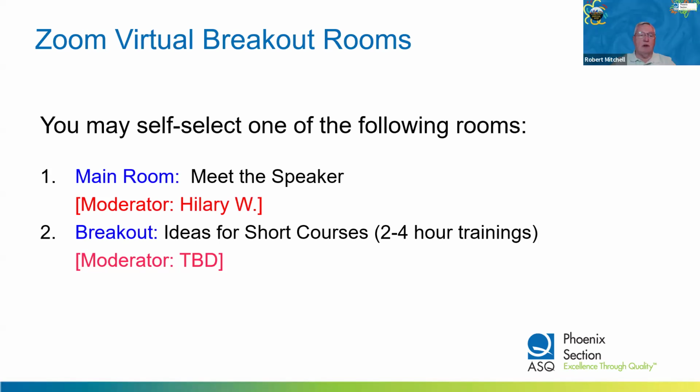So while Hillary gets that second breakout room set up, for the purpose of short courses, obviously we do a monthly program meeting that's an hour presentation by a guest speaker. We have other types of free webinars too, again limited to 45 to 60 minutes. But here we're looking to expand our portfolio and member value by delivering short courses on certain topics.